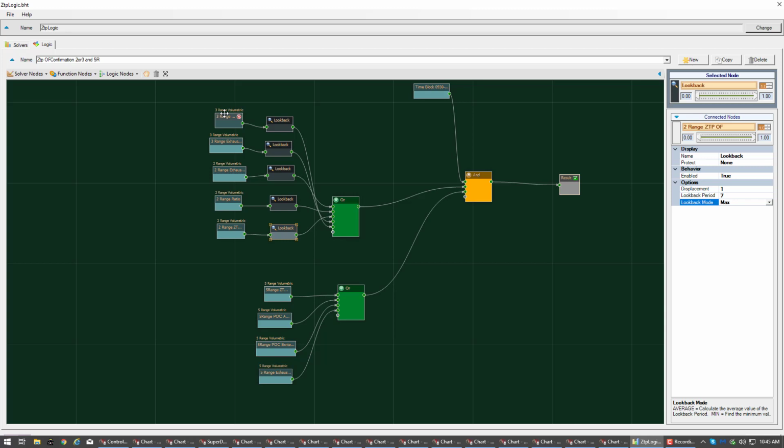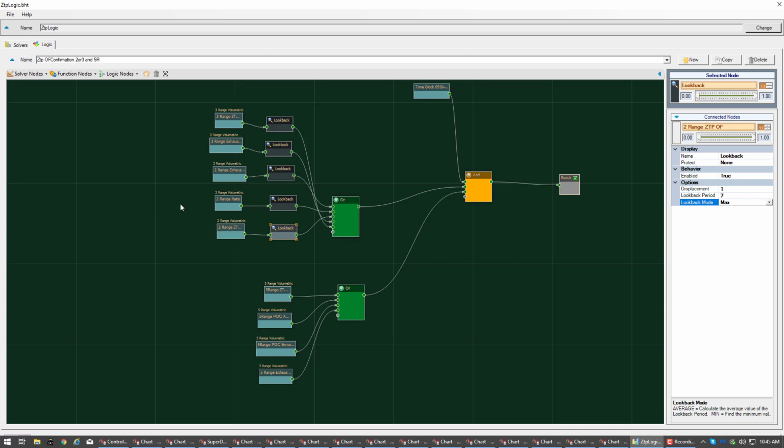We can't use a minimum because we'd have a minimum of 0 if some of these bars didn't have any signal at all. And we can't use an average because we don't want to average 1s and 0s.